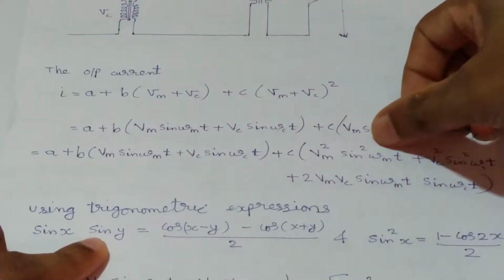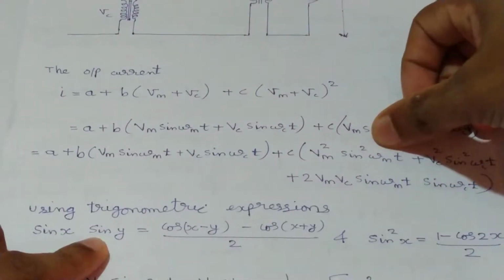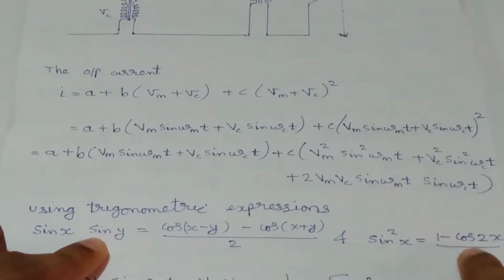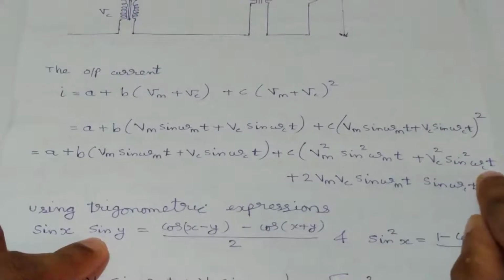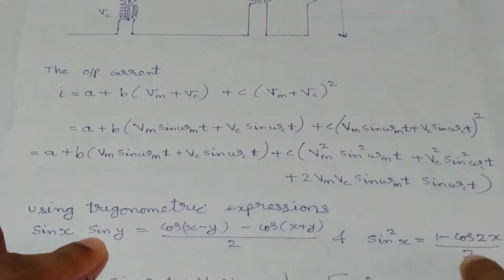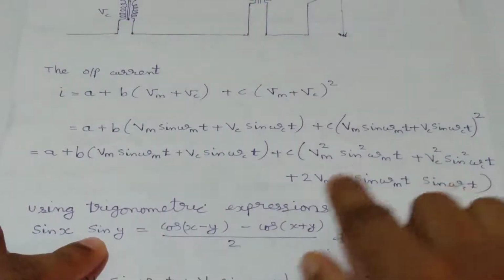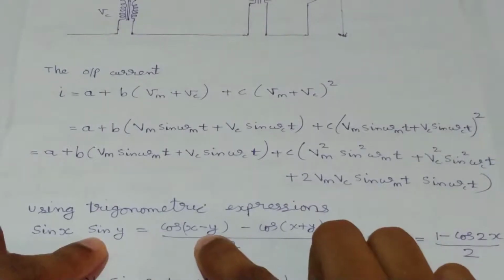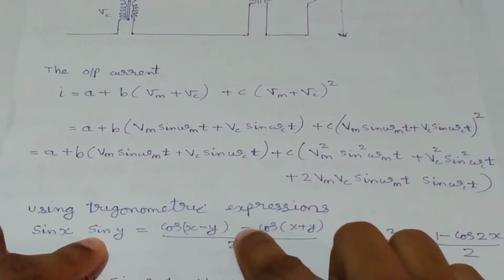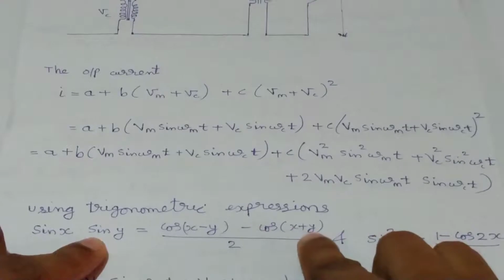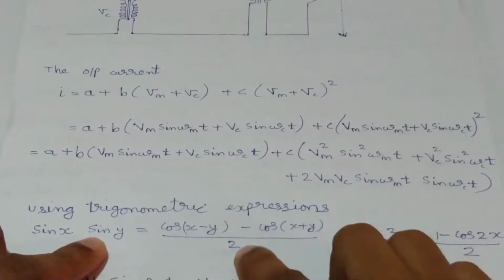I am going to replace sin² ωmt with (1 − cos 2ωmt)/2, and sin² ωct can be replaced by (1 − cos 2ωct)/2, and sin ωmt sin ωct can be replaced by [cos(ωc − ωm)t − cos(ωc + ωm)t]/2.